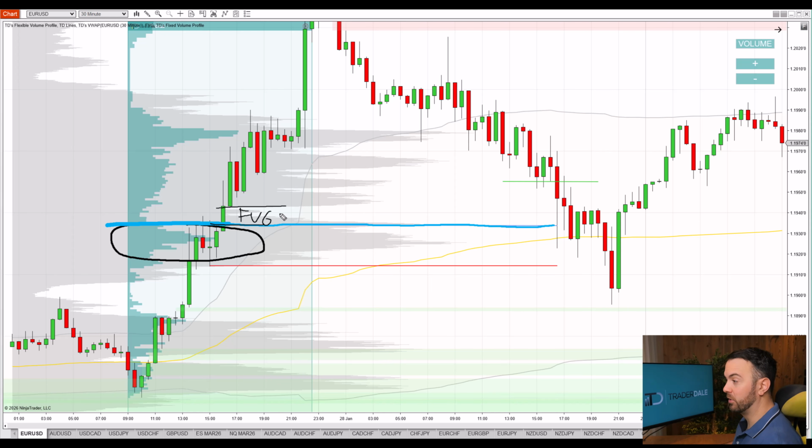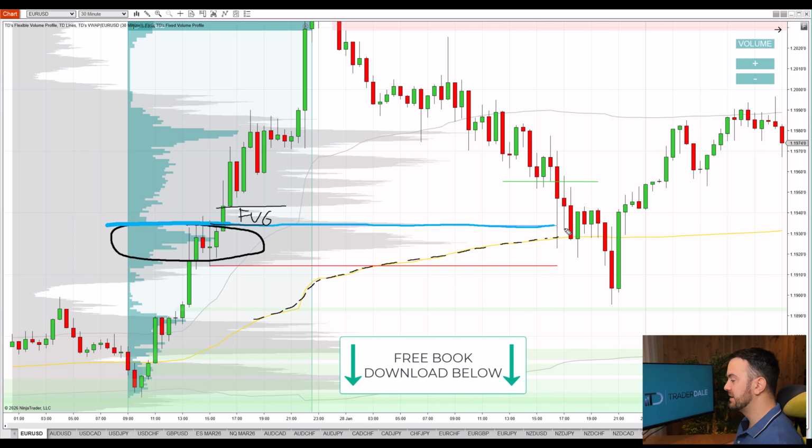That's a concept from smart money, which I like to combine with volume profile. So there was that fair value gap, there was the beginning of that heavy volume zone, and also here there was a weekly VWAP, very close to my long level. I count this as a confluence as well.